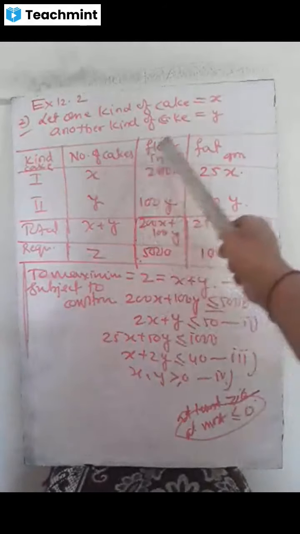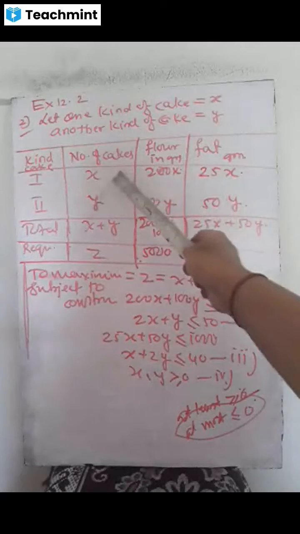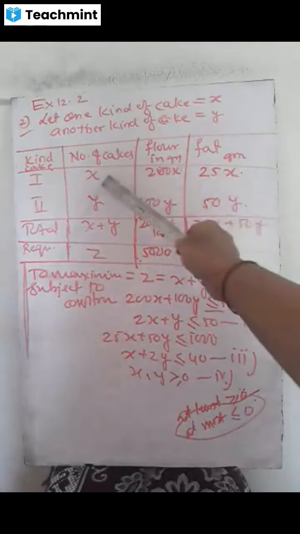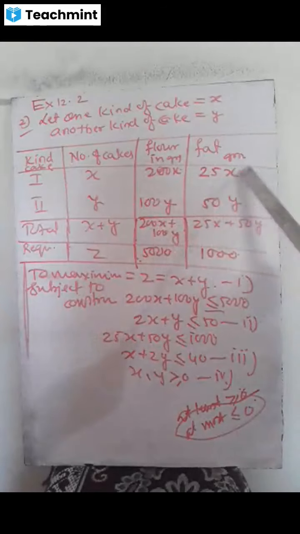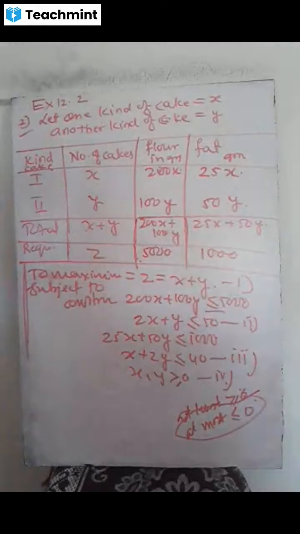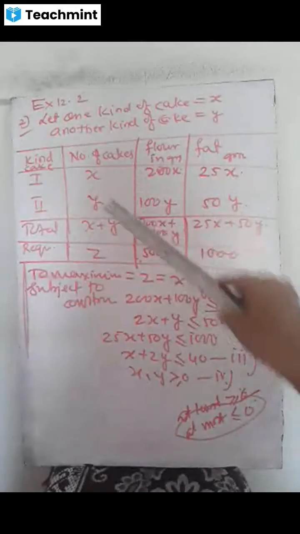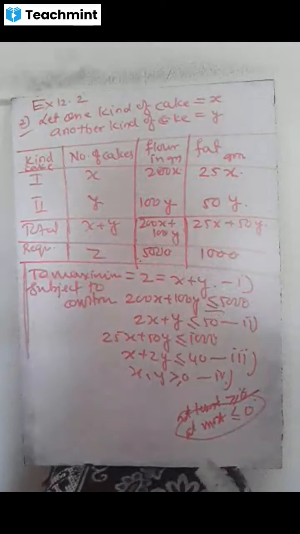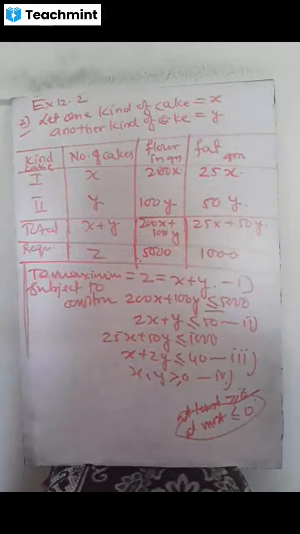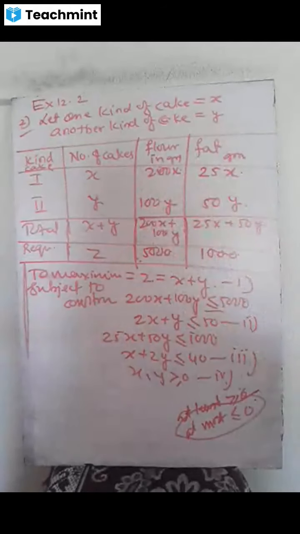For one kind of cake, flour required is 200 grams, so we put it as 200x. Fat required for the first kind is 25 grams, so 25x. Then the second kind of cake is denoted by y. So flour required for the second kind is 100y, and fat required for the second kind is 50y.